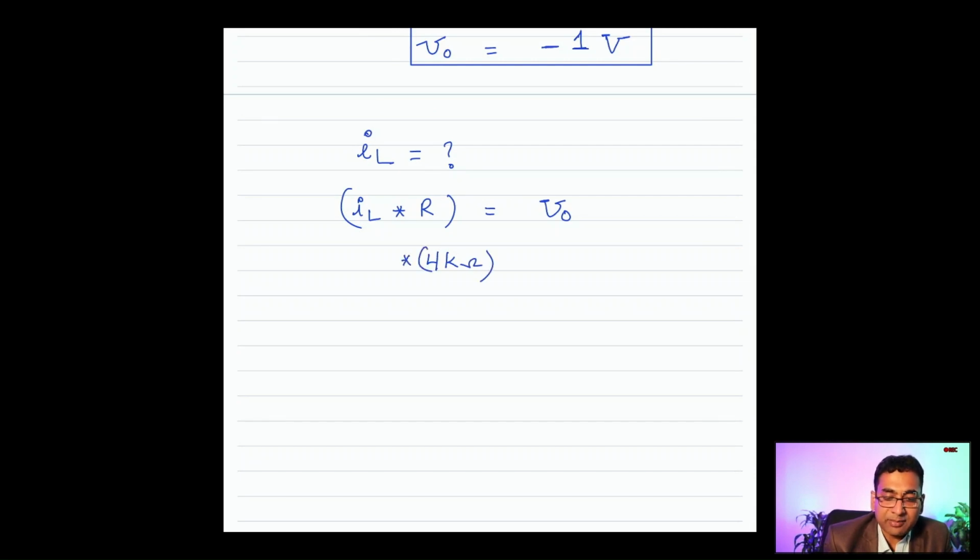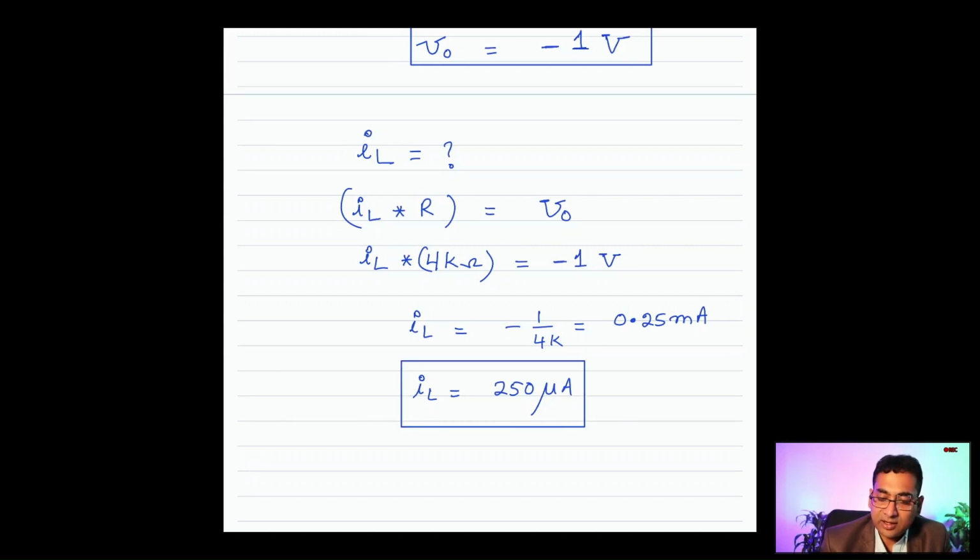Multiply that by IL, and we just found out the value of Vo to be negative 1 volt. We should get a value for IL equals negative 1 by 4 kilo, or 0.25 milliamperes, which is the same as 250 microamperes.